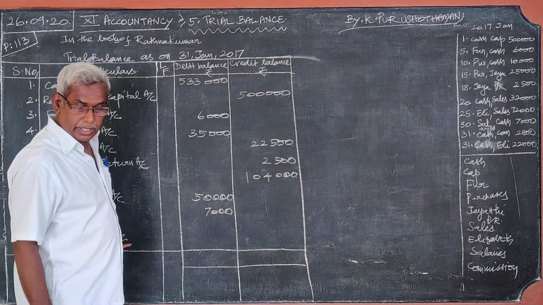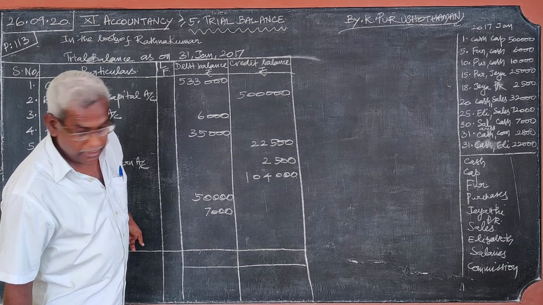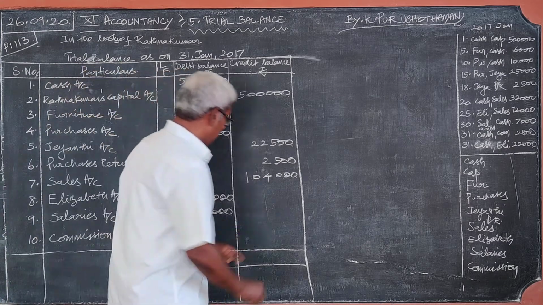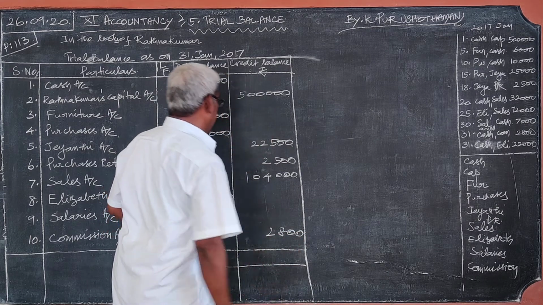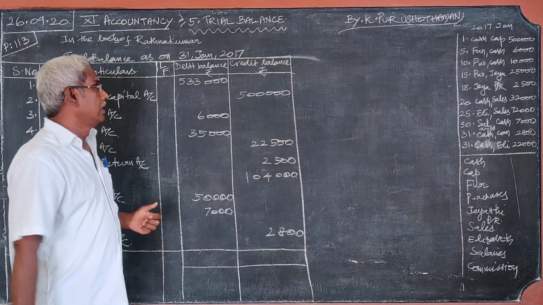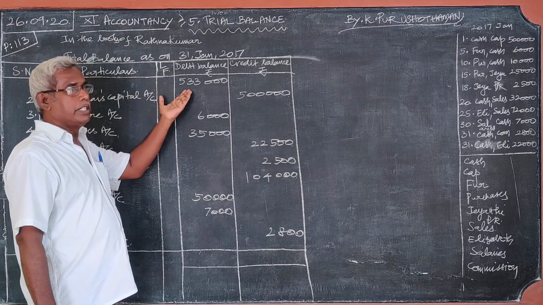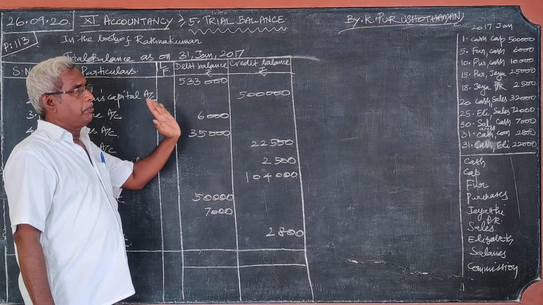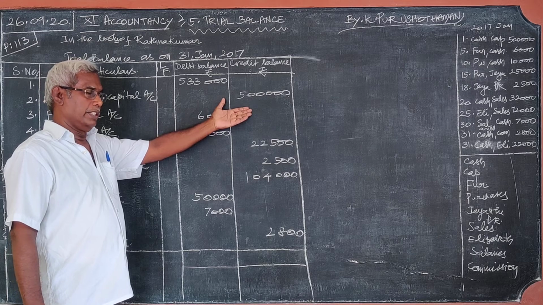Then commission, 2,800, on the credit side. So how are the entries made here? If the brought down is debit, the amount will be written on the debit balance. If the brought down is on the credit, the amount will be written on the credit side.